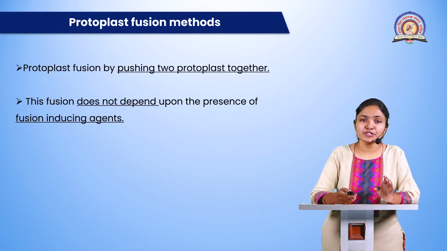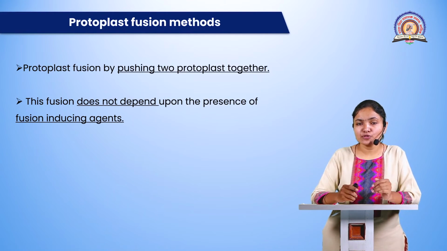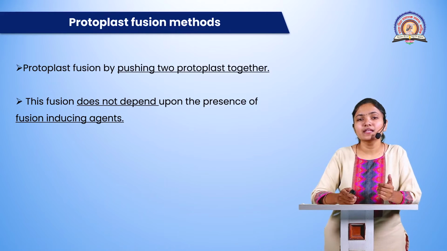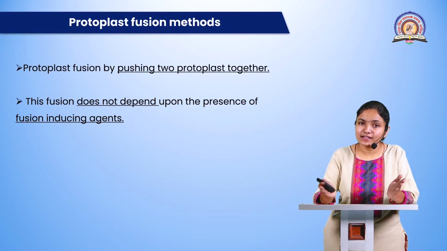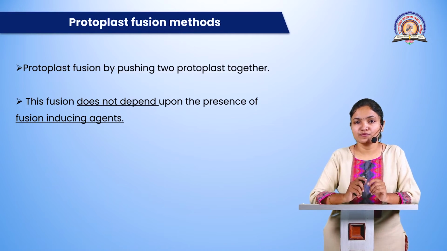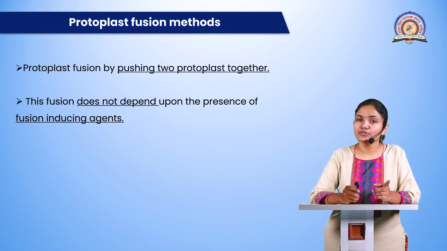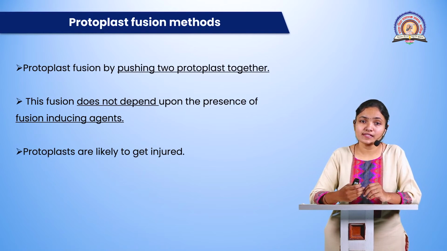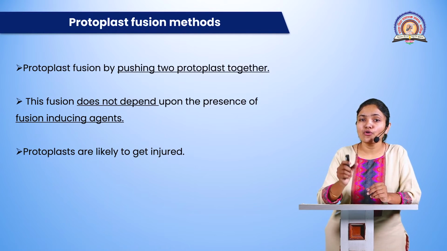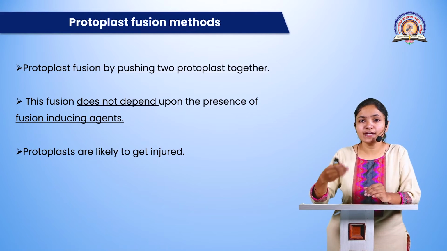Now with this particular method of spontaneous fusion, sometimes it may happen that it gives you a fusion of two similar protoplasts. What we want is that two different plants and their protoplasts only fuse with each other. But during the spontaneous method, there are some chances that there is a formation of homokaryon instead of heterokaryon.